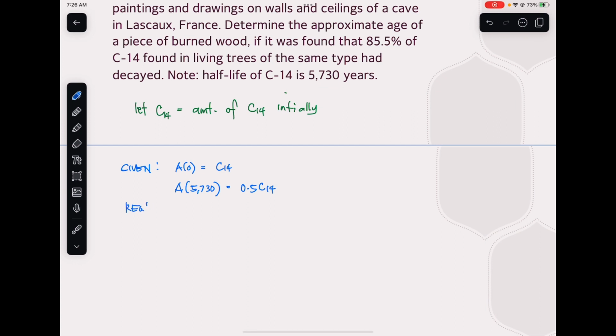So we are just to find what's the time to reach, the approximate age of those paintings, since the time the archaeologists got a sample from the ceiling of the cave of Lascaux, France.